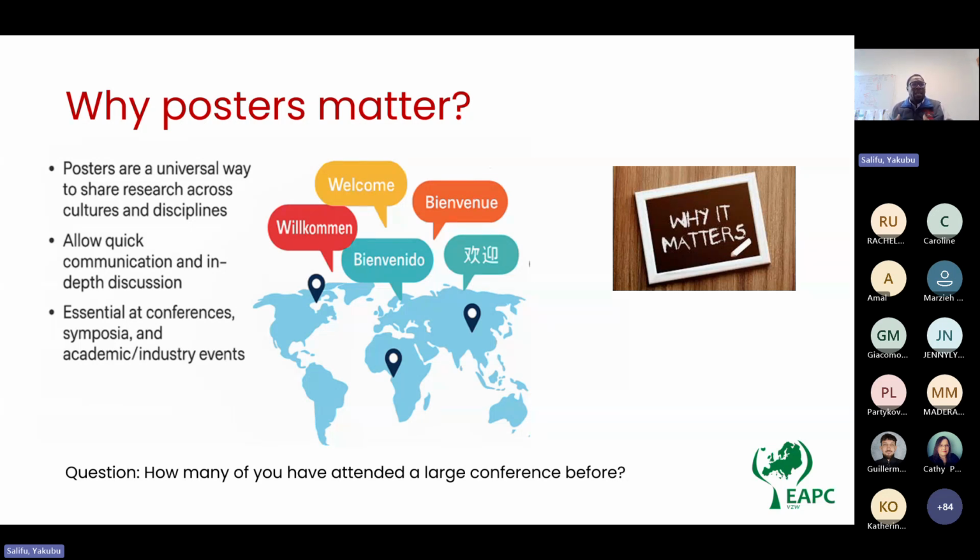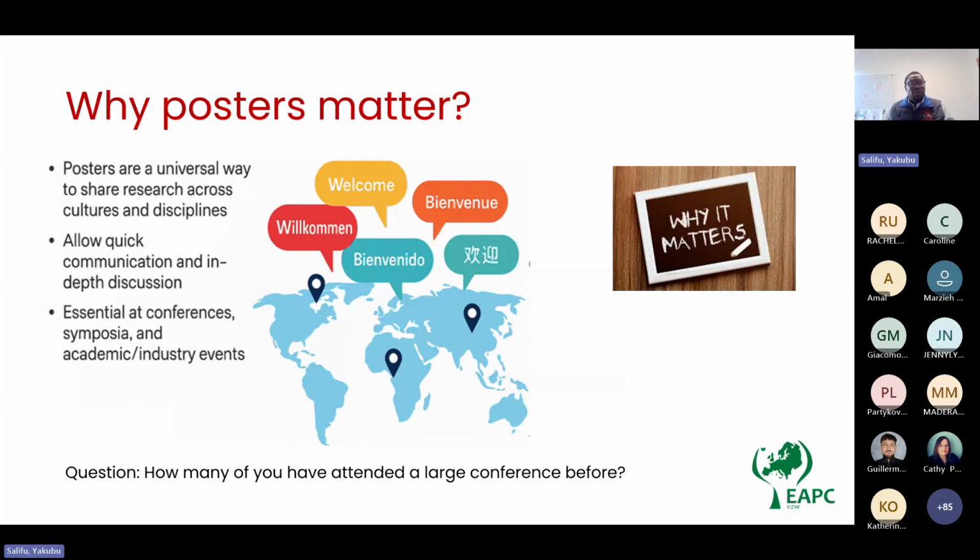It's also an opportunity to come face-to-face with people during the conference. So it's really important to understand what it means to communicate and pass on information to other people in a much simpler way, and also in a very engaging manner.